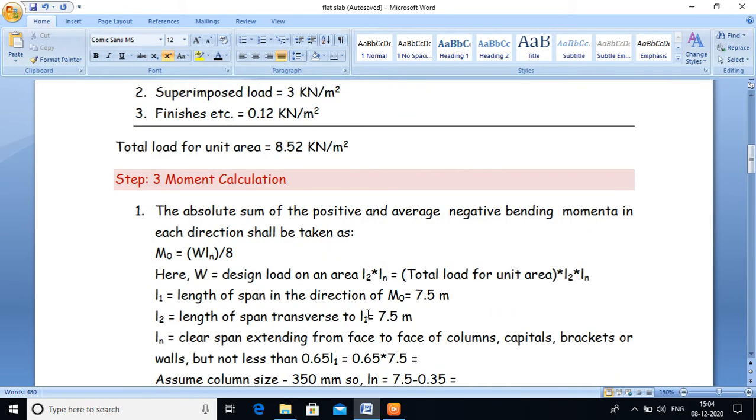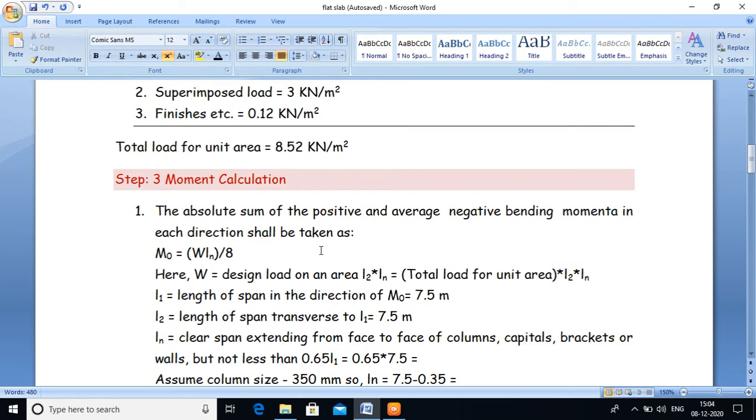Now step 3 is the moment calculation. So how do we get the moment in case of flat slab? As I told you earlier, for this analysis of flat slab, we are going to use the direct design method. But when we use the direct design method, it has certain conditions. Means if a particular panel follows those conditions, then and only then we use this.